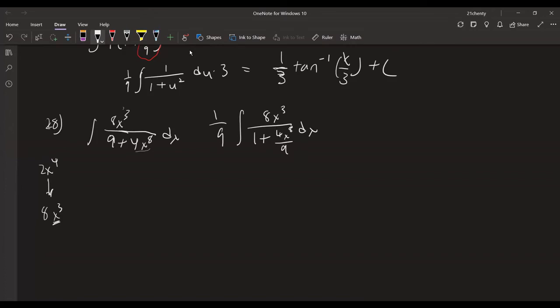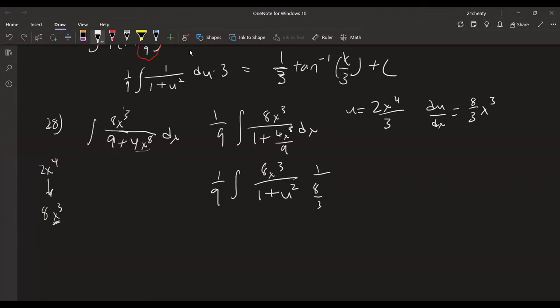And now we'll u sub u equals 2x to the 4th over 3, and then du over dx is 8/3 x cubed. So now let's plug that in. 1/9, and then 8x cubed over 1 plus u squared, and then 1 over 8/3 x cubed times du.